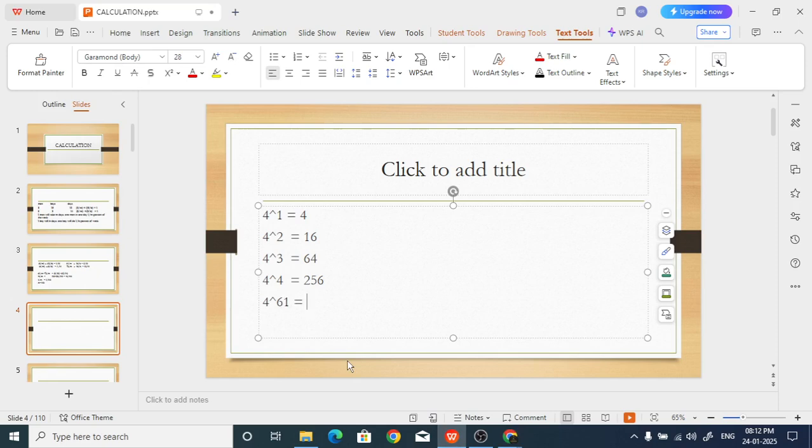Then 4 power 62 will end with 6. 4 power 63 will end with 4. 4 power 64 will end with 6.